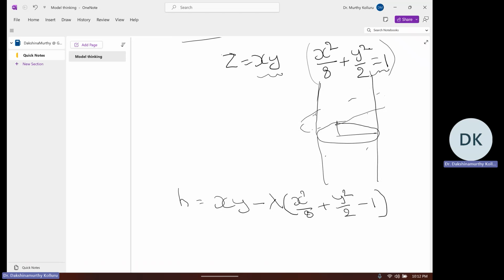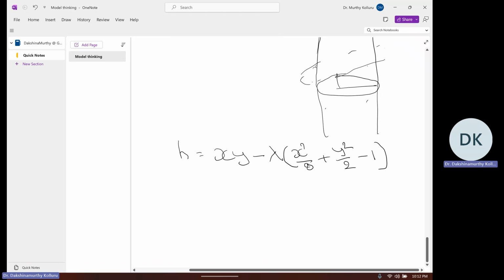So essentially what we are trying to do here is instead of solving separately for xy and seeing whether they fall on x square by 8 plus y square by 2, by just making this equation and solving for critical points, I'm automatically ensuring that my points lie on this curve.